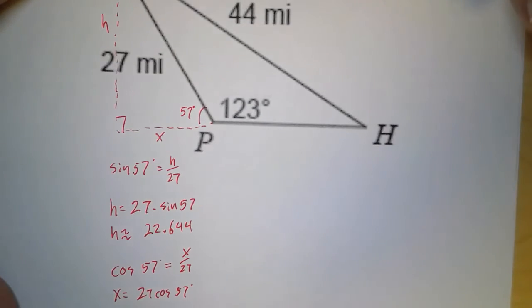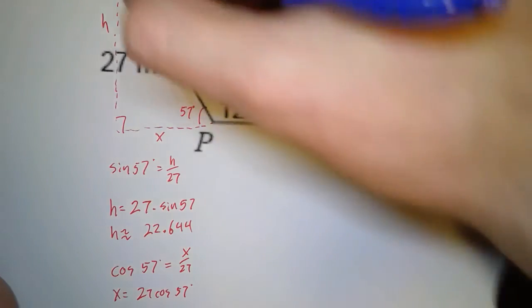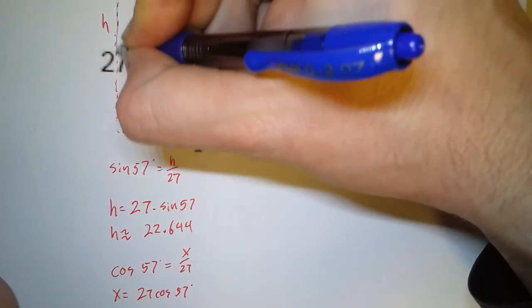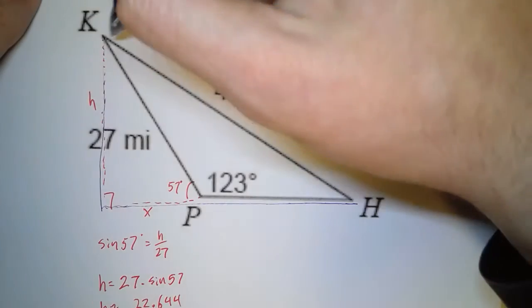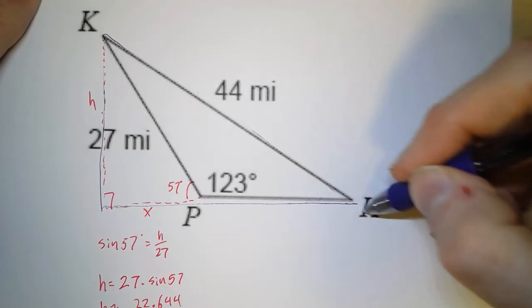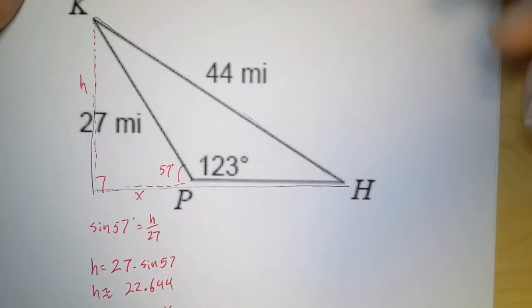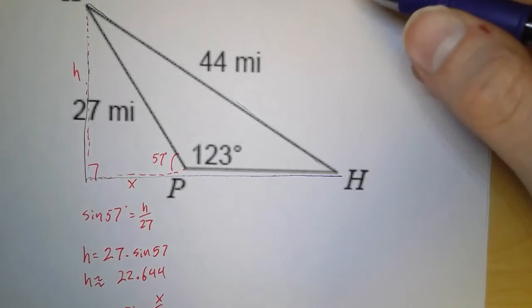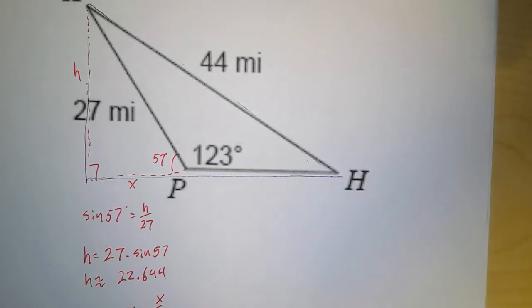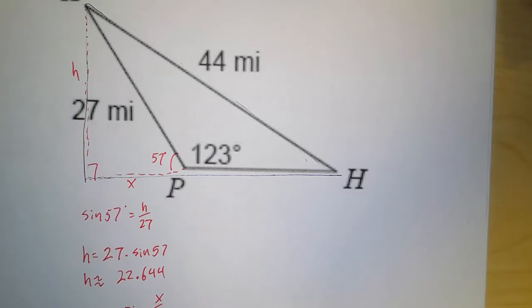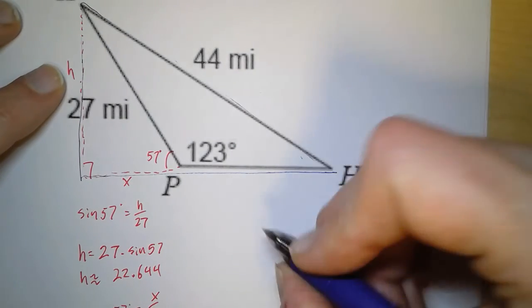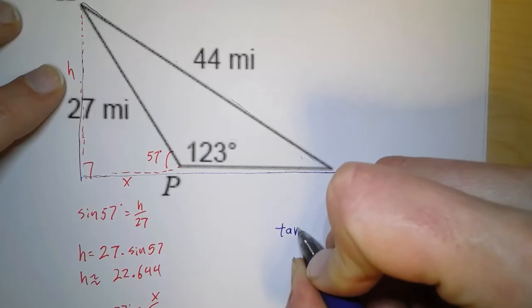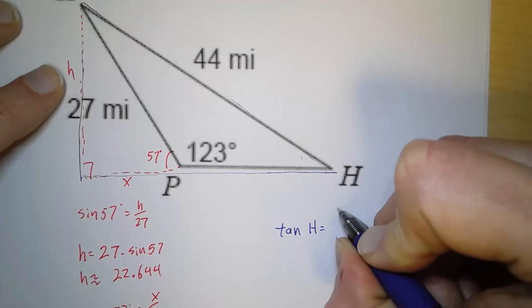Now, this was one triangle. The other triangle we have to think of, the other right triangle, is this one right here, from here to here and there. Now the issue is that we don't have either angle here. So the way we work with this is we say, okay, we know this side and we know this side. So that means tangent of the angle H has to be the opposite over the adjacent. Well, wait a minute.